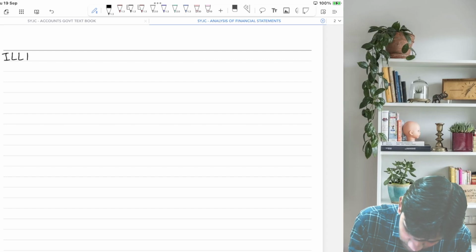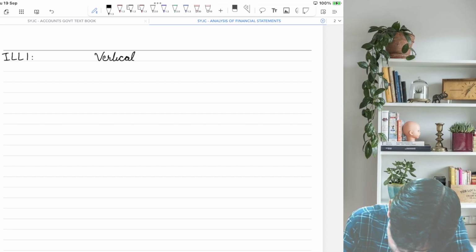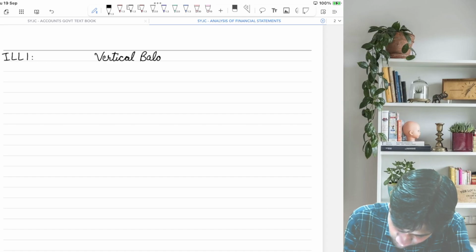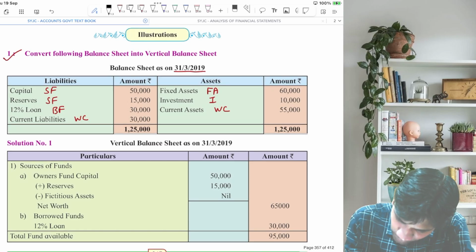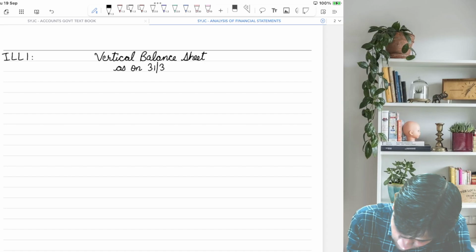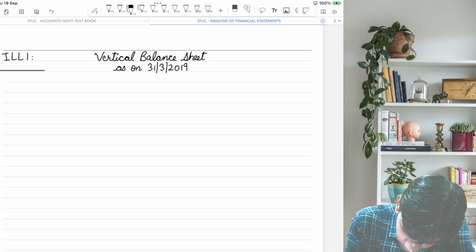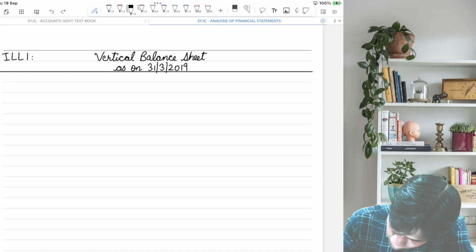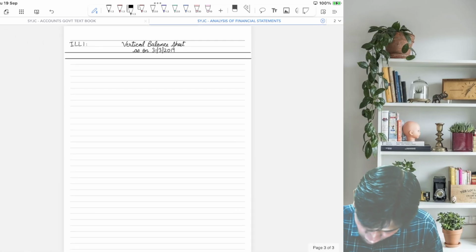Illustration 1. We'll have vertical balance sheet as on, let's check the year, 31st March 2019. Done. Let's prepare this format.